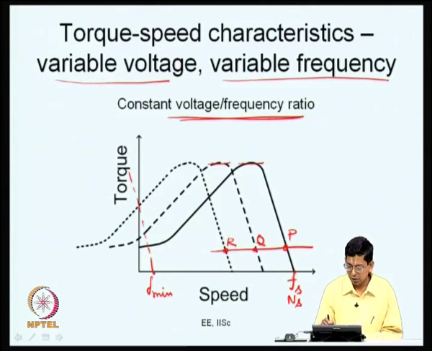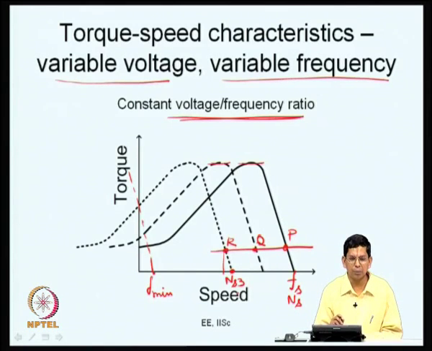For example, in this case, this is your synchronous speed, let me call this Ns3, whereas the actual speed is here, and there is a difference between the two. So, the frequency that you apply to the machine is proportional to Ns3, but should also have a small variation, in that slip should be added to it. So, if this is the rotor speed that you want, you will have to add to it the component that corresponds to slip to get whatever is your Ns3.